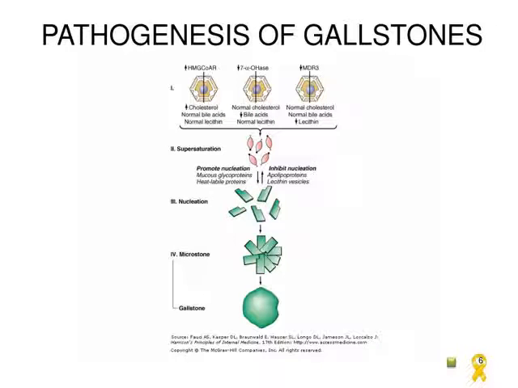Actually, you see here there is increased HMG-CoA reductase activity, decreased 7-alpha hydroxylase activity, and different cholesterol receptor proteins are also increased, and supersaturation of cholesterol promotes nucleation, and after nucleation they form microstones and ultimately form the large cholesterol stones.